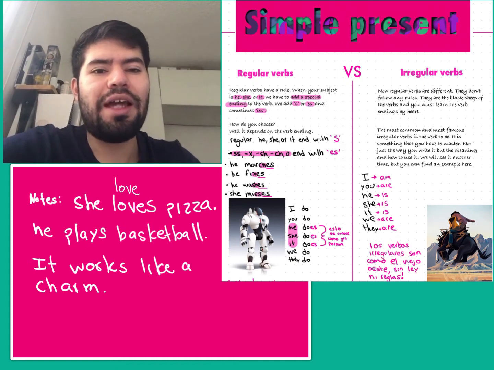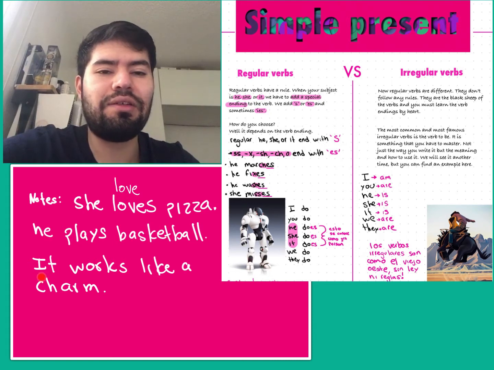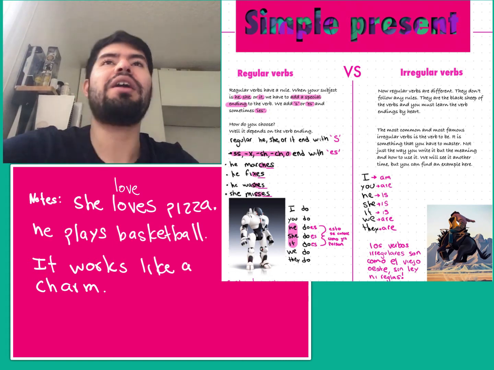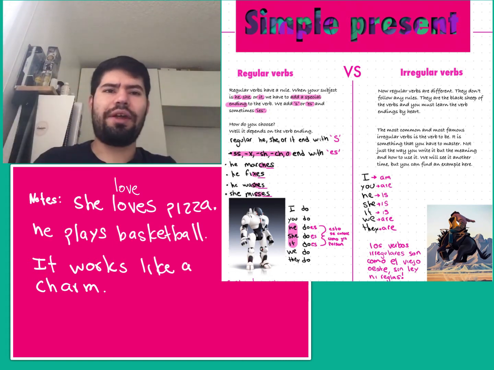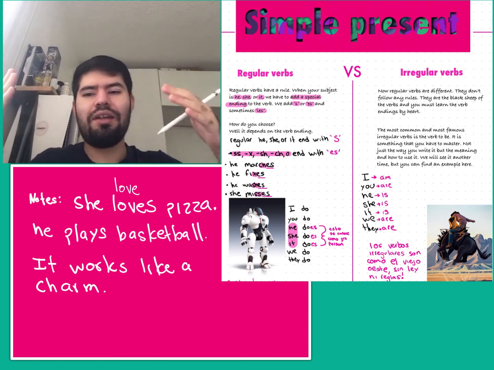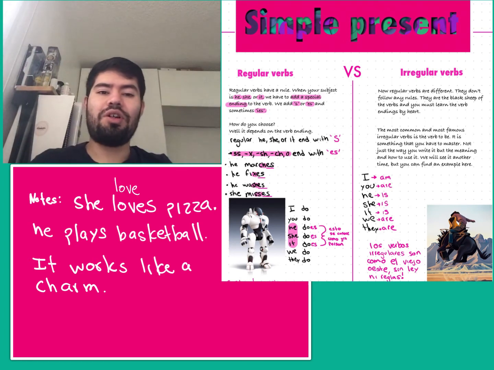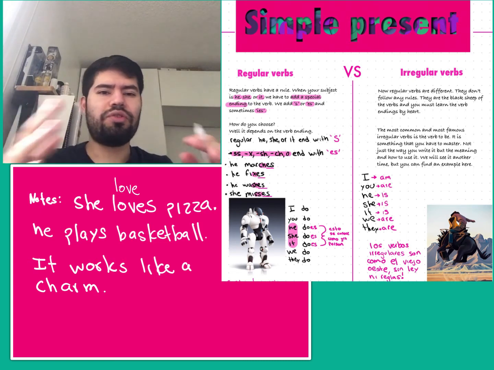And my last example with it. Now here with it I am referring to something. It works like a charm. And remember, if I say it works like a charm, estoy intentando decir que lo que sea que tengo siempre funciona.